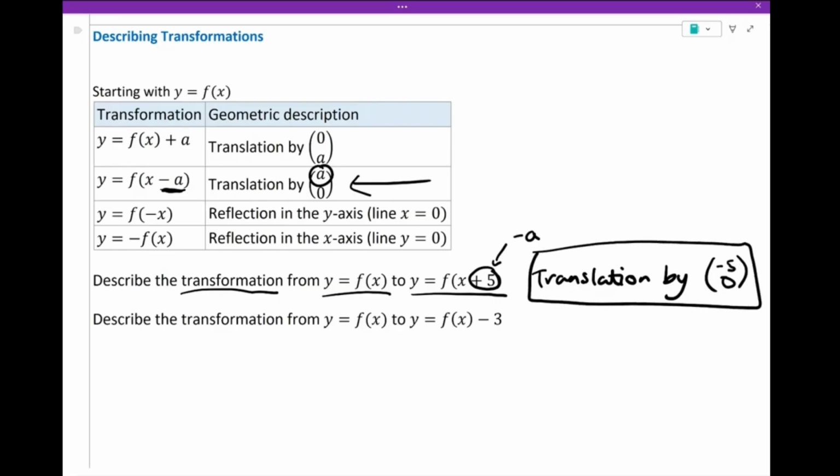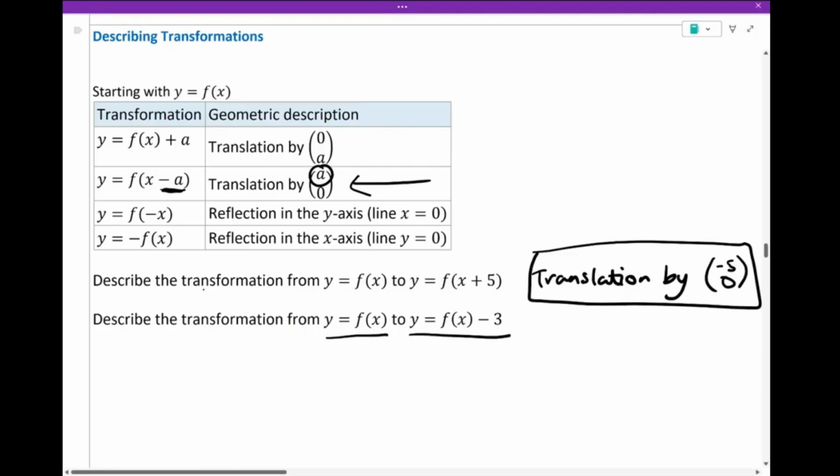Let's look at the second one. So this time we are going from y equals f of x to y equals f of x subtract 3. Okay, so once again, let's consider what's changed. Well, we've got to subtract 3 outside. So which of the transformations involves subtracting a number on the outside of the f of x? Okay, so we're subtracting 3 from the entire function. Well, it's going to be this top one here.